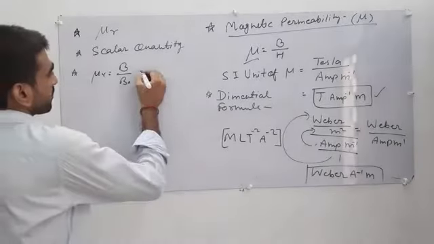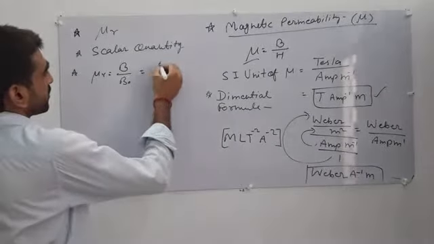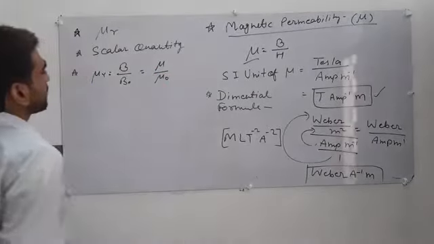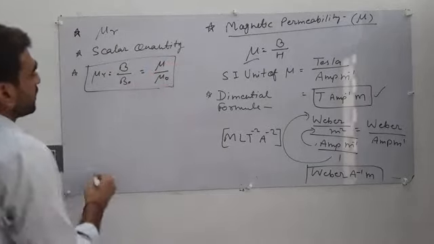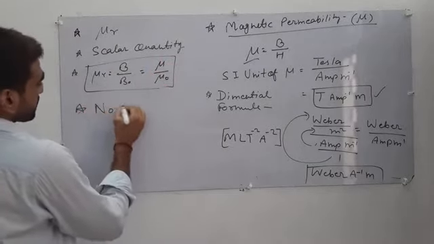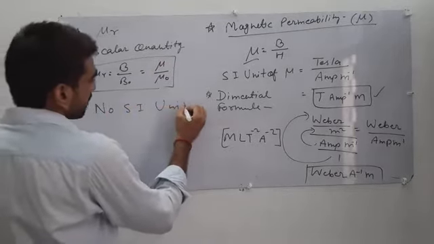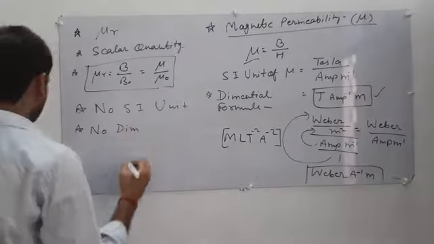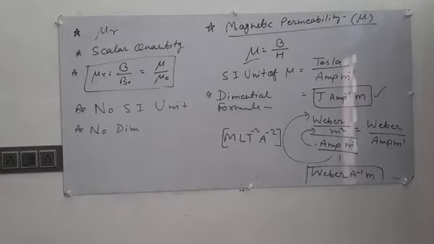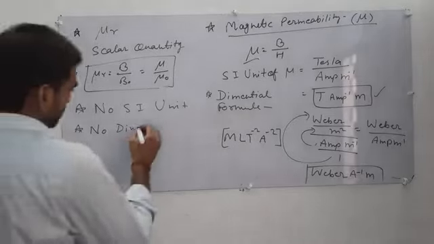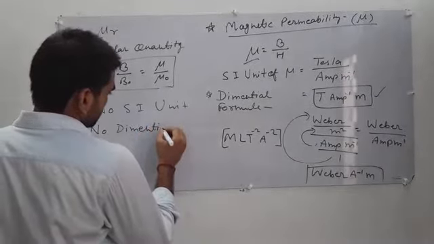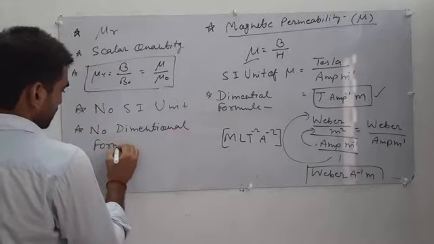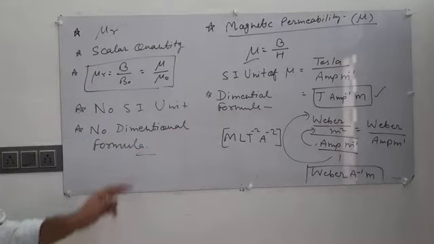It can also be written as mu upon mu naught. That's why it has no SI unit and no dimensional formula. So this is a scalar quantity.